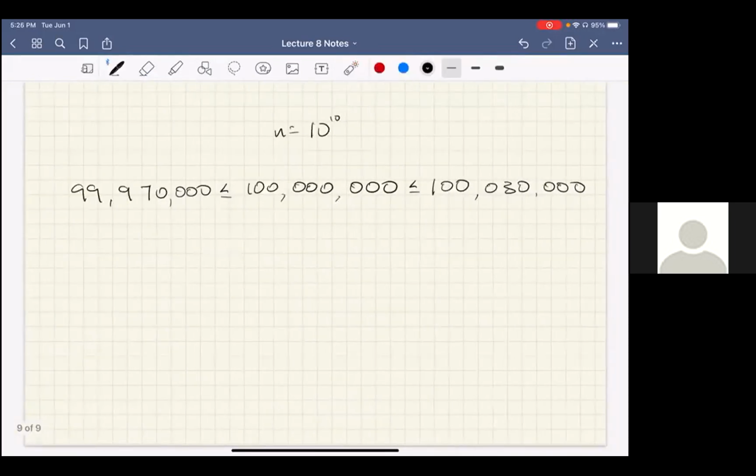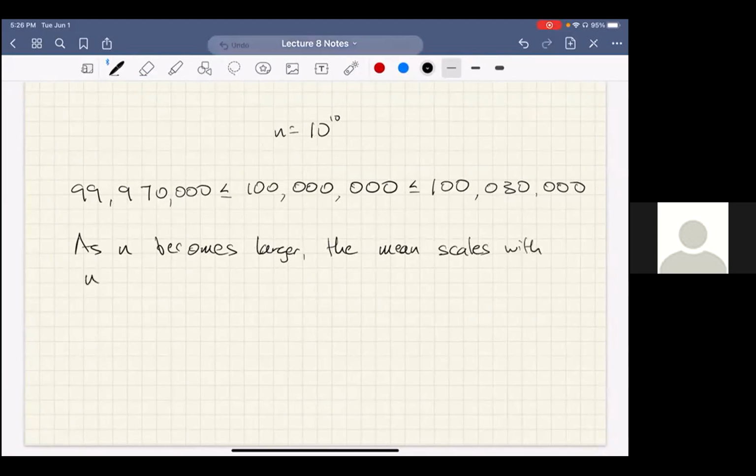So as n becomes larger and larger, the mean scales with n, while the standard deviation scales with the square root of n.